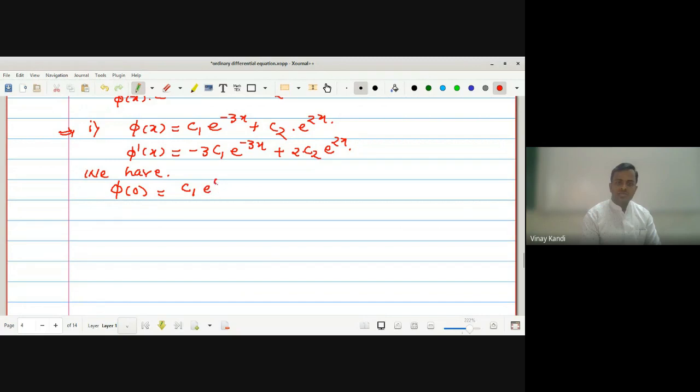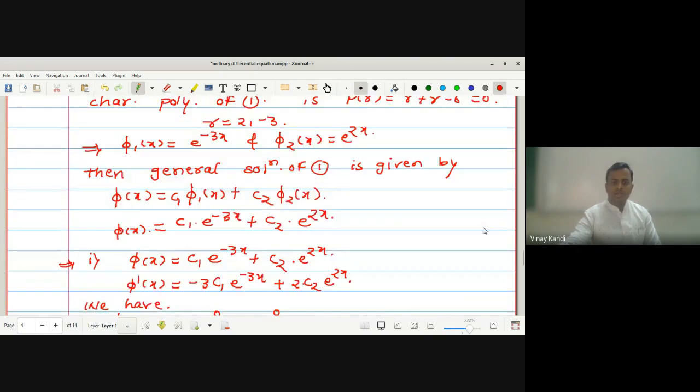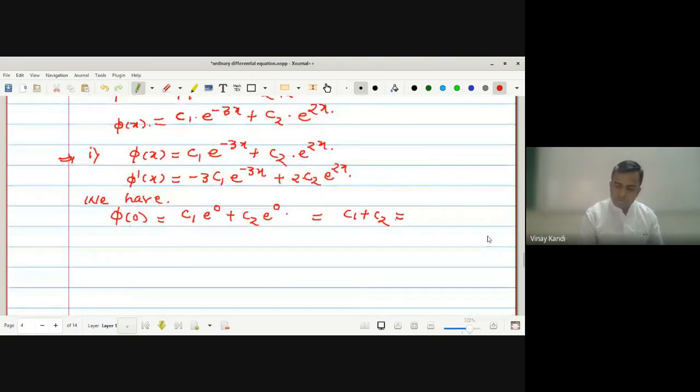C1 e raised to 0 plus C2 e raised to 0, which implies C1 plus C2, which is equal to the given value of phi of 0, that is 1. So C1 plus C2 is equal to 1. Give it as equation number 3.